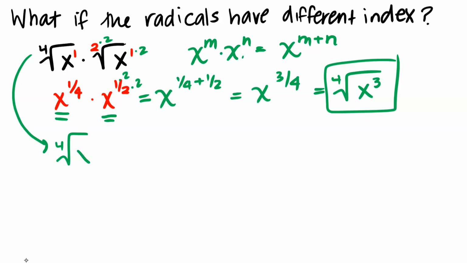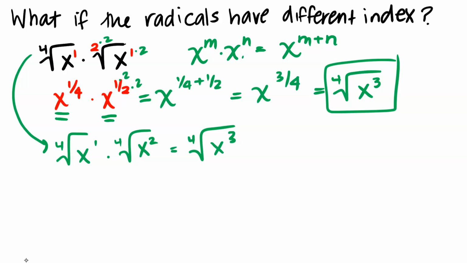So you could never leave your radicals. Now you've made them have the same index without converting to fractional exponents or ever using fractions, because now I can just go the fourth root, 1 plus 2 is x to the third. So just a different way to handle that same problem.